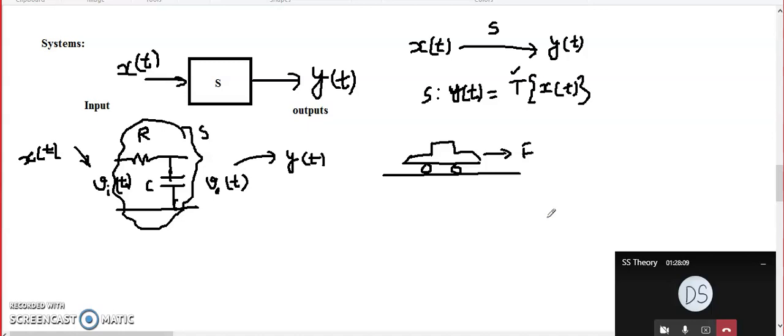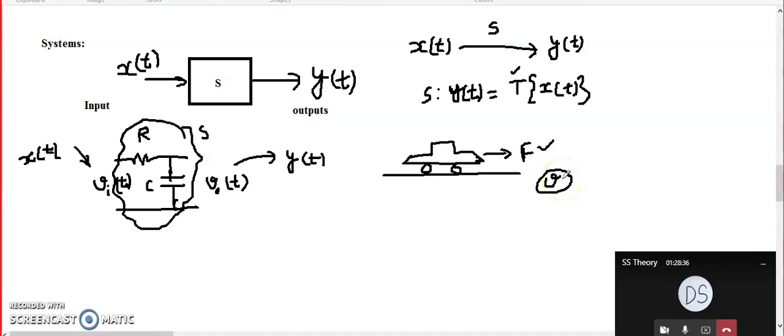So this is also an example of a system where the input signal is force and the output signal is the velocity of the car. Input is the force which is applied, and v is the velocity which it gets.